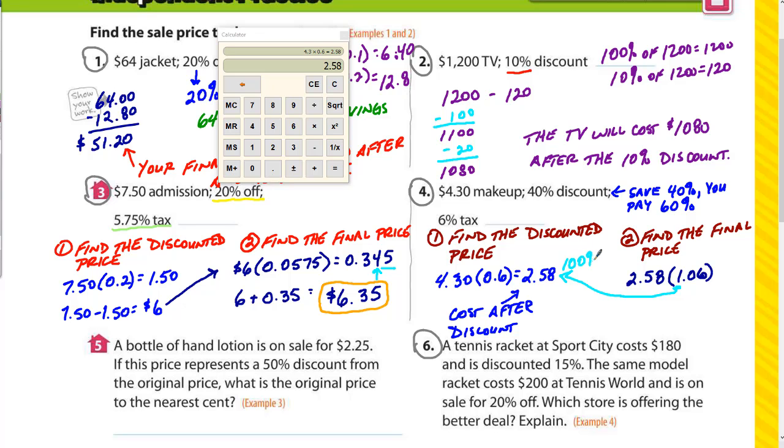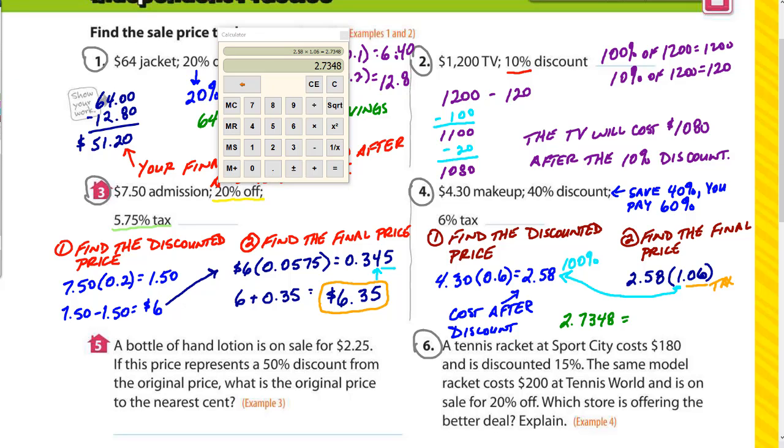I know that the makeup itself is 100% of the price. The 0.06 right there is the tax. So I'm going to take my 2.58, multiply it by 1.06, and here's what the calculator tells me: 2.7348.